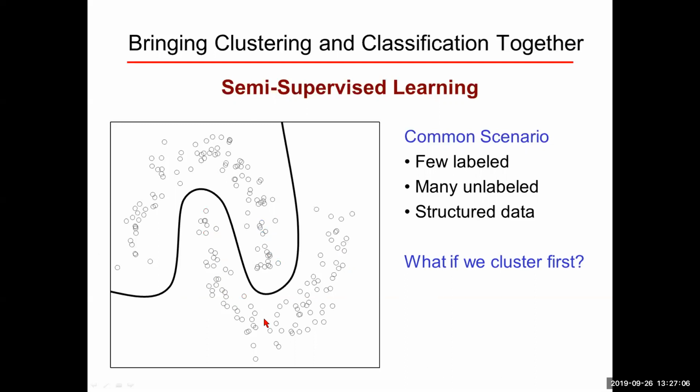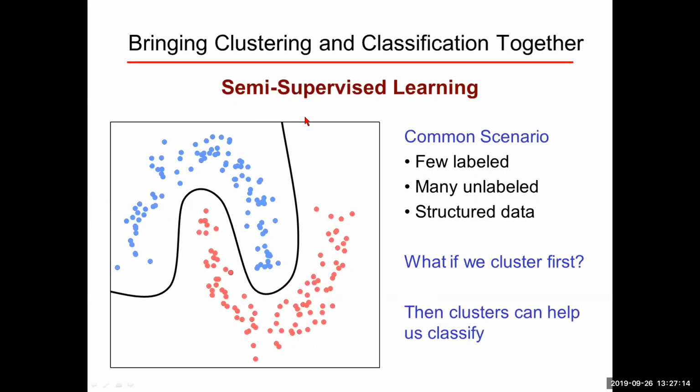But if you have the full distribution, you would say, oh, this is a much more interesting way of clustering and separating the data. And having both together allows you to learn the overall structure of the point distribution by using all the points, and the classification task by using the subset of points that are labeled.